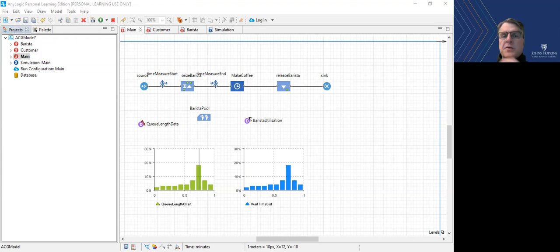Again, I'm expecting the queue length to be about 8.8, and this to be about 13.6. My utilization on the barista should be about 0.907. It's coming out at 0.918. So close enough, but these are all numbers that are being generated here.